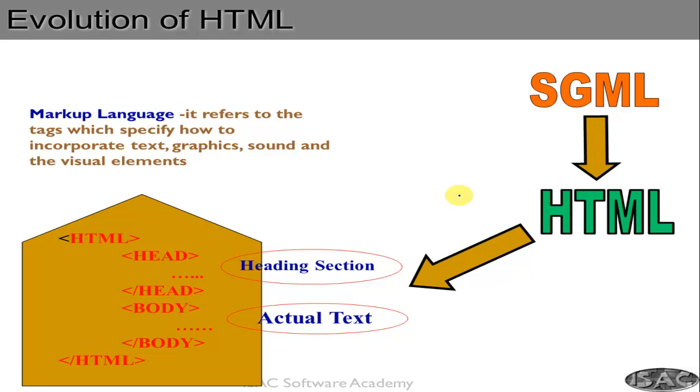What is the history of HTML? HTML comes from a standard called SGML. You can go and read about the history behind SGML on a website, but let us focus only on HTML right now.